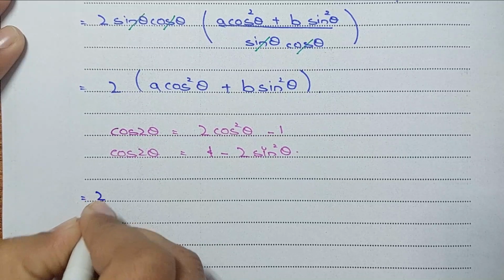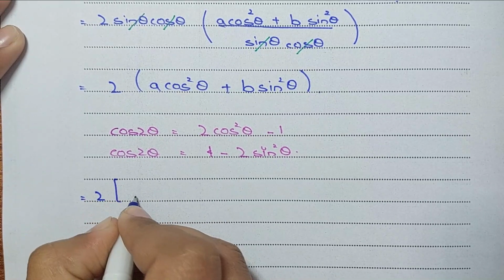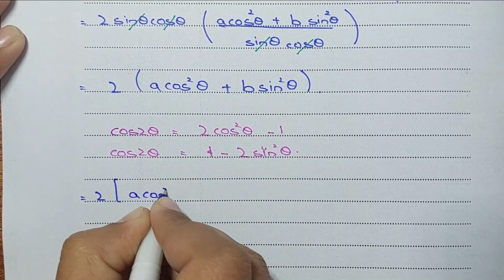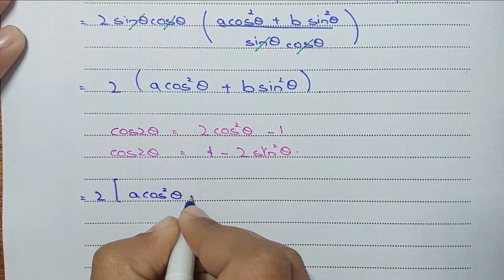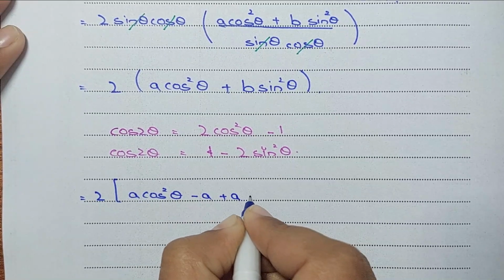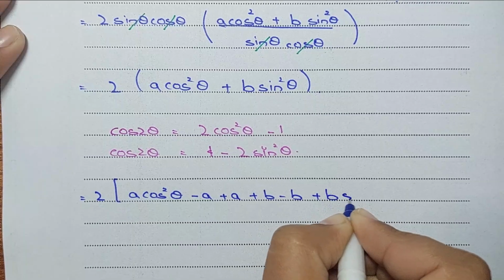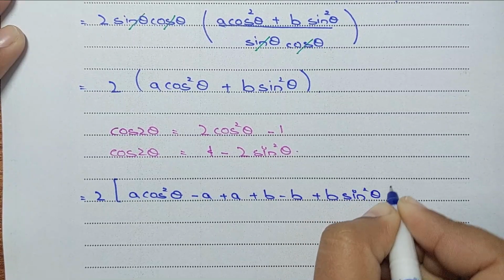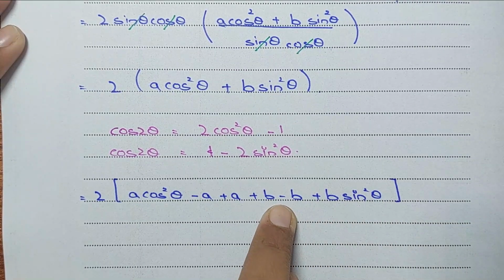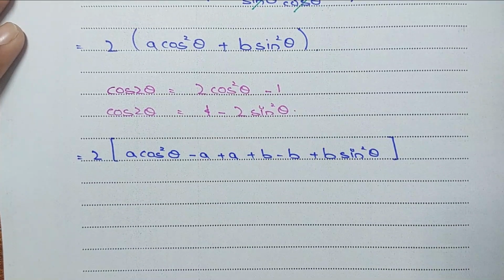So in this equation, 2 is outside, a cos square theta. So let me add and subtract a, and let me add and subtract b, plus b sine square theta. I just add and subtract a and b, right? If you cancel them out, you will get the same thing.